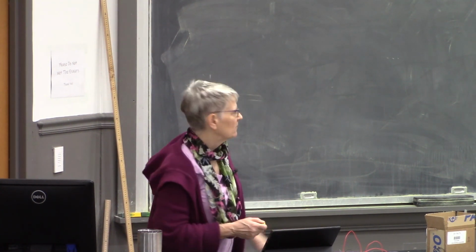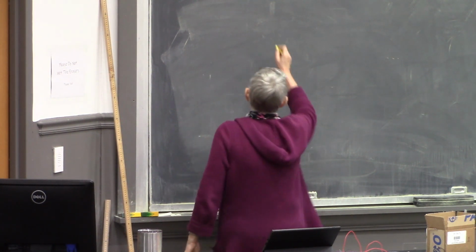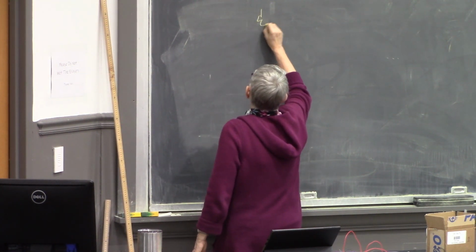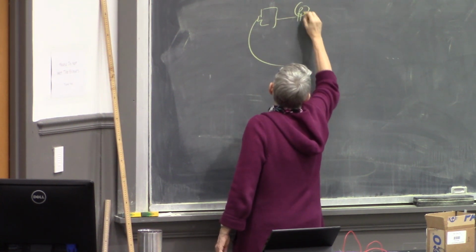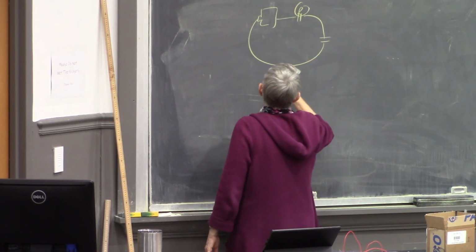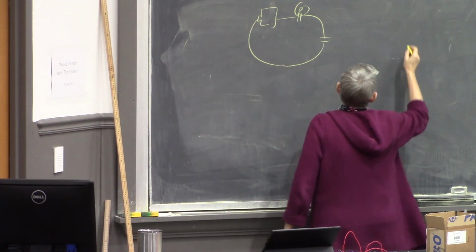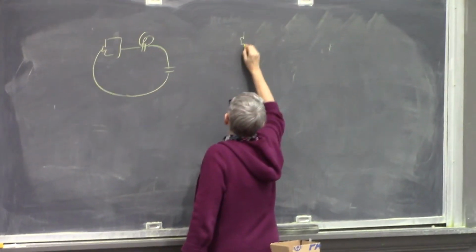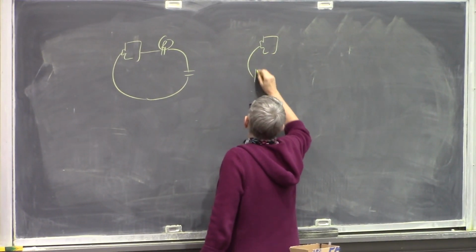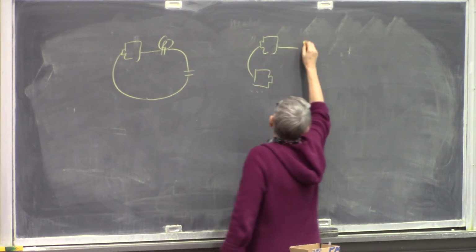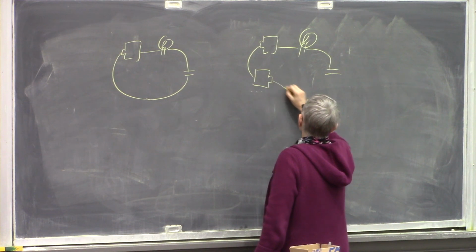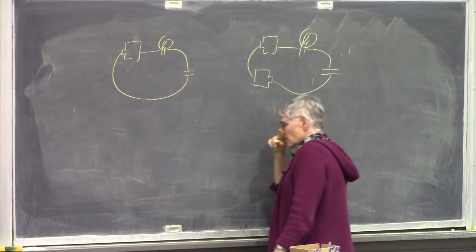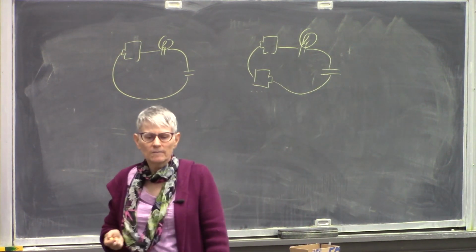What would happen if we made a circuit with a light bulb and a capacitor and one battery versus a light bulb and a capacitor and 2 batteries? Would the capacitor have the same amount of charge on it?